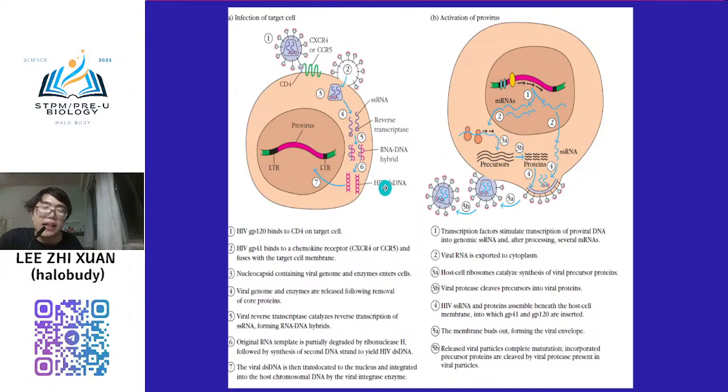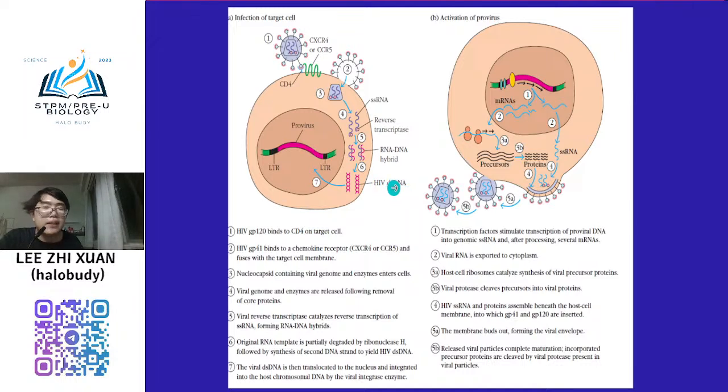Meaning this DNA goes to the nucleus and then mixes with our DNA. We call it integrate. So now your cells contain viral DNA already.